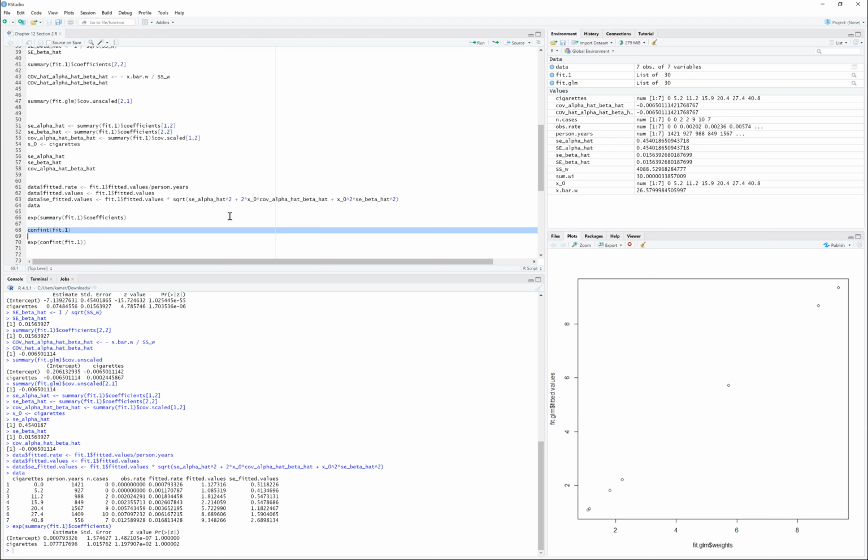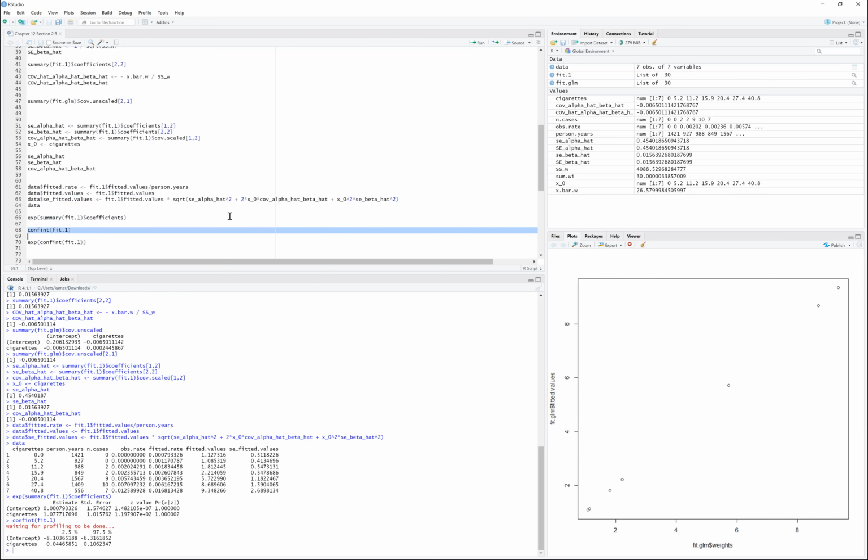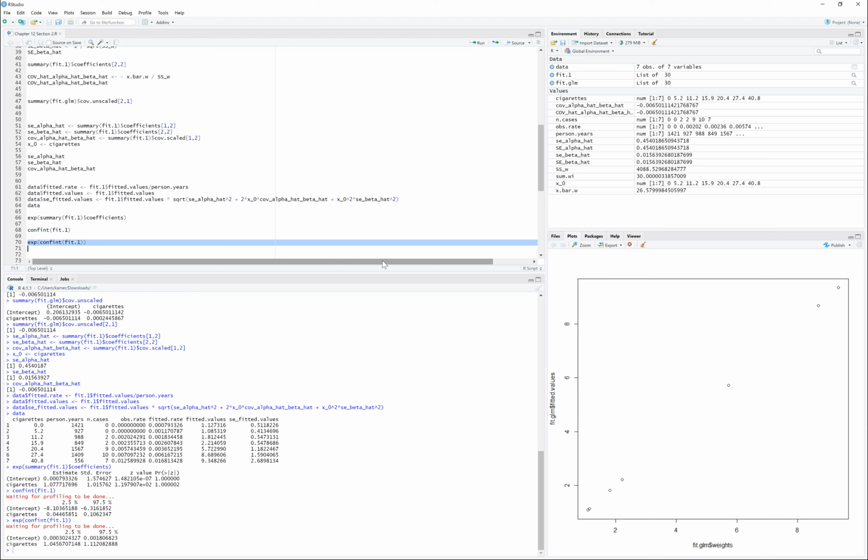We can get the confidence interval for our fit, right? So here we get our confidence interval for beta 0 hat, or excuse me, for beta 0. And it's based on beta 0 hat. And we get our confidence interval for beta 1.